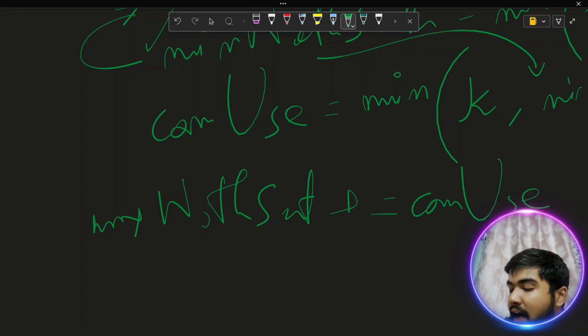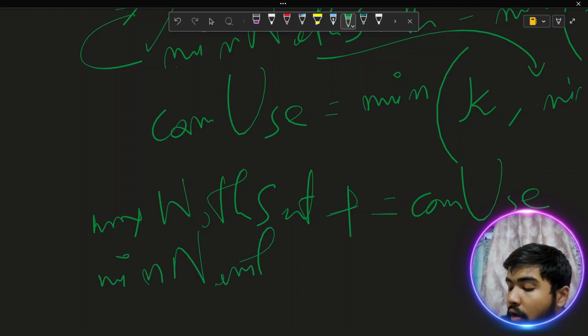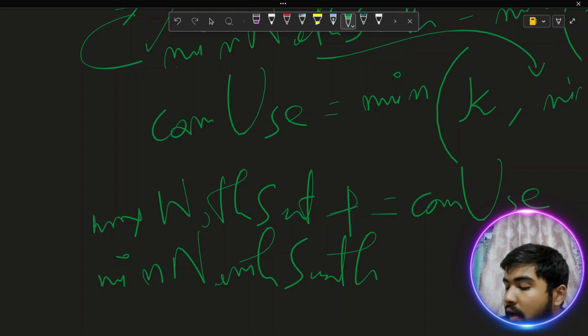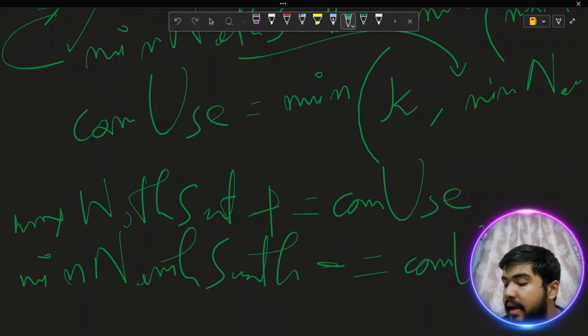That many I have to add to my north south max, because I'm going to convert that many of the minimum to my maximum. And my minimum of north south I'm going to minus equals that can use part.